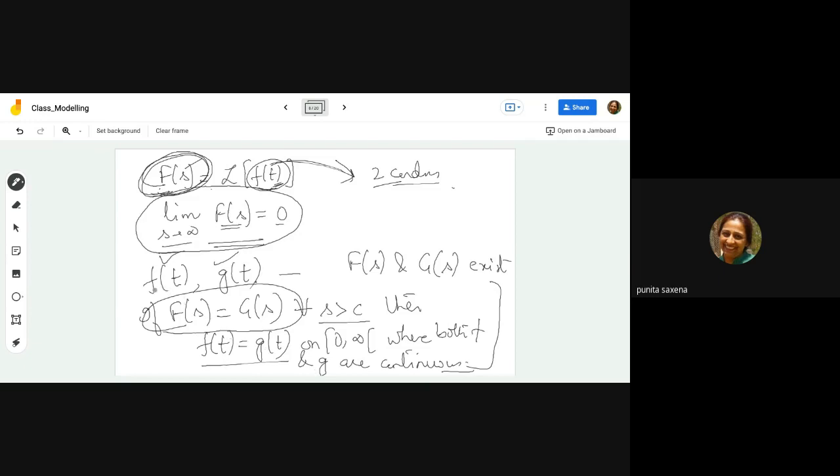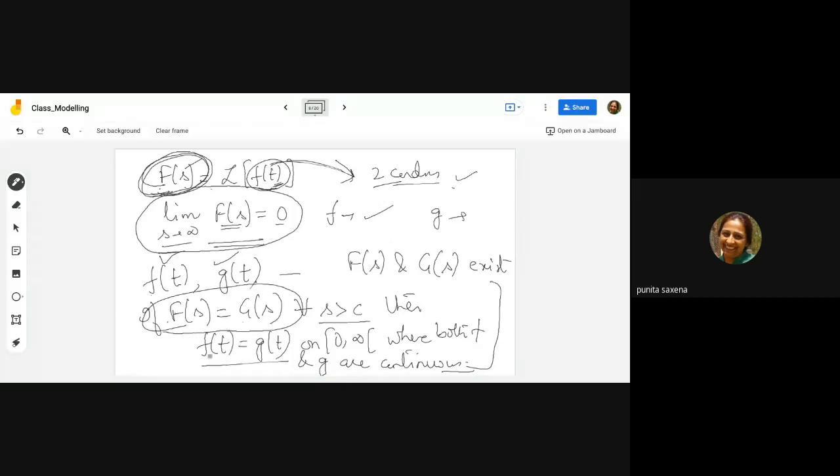Because for both small f and small g, capital F and capital G exist. What is the condition for their existence? That my functions have to be piecewise continuous. So if they are continuous everywhere, then their transforms are also going to be continuous everywhere, right? But if they are piecewise continuous, then it could be possible that small f has different points of discontinuities and small g has different points of discontinuities, right?